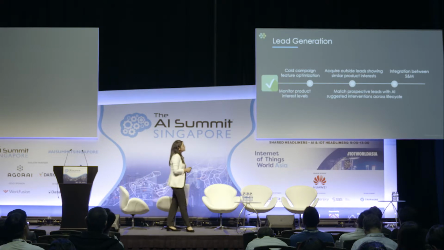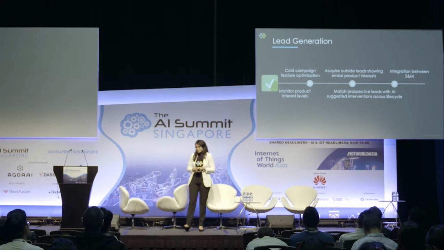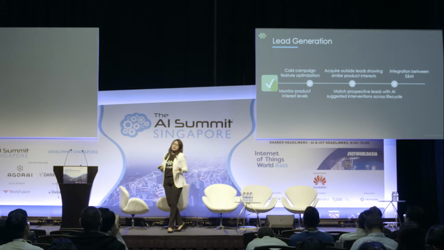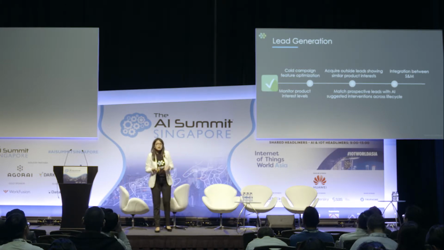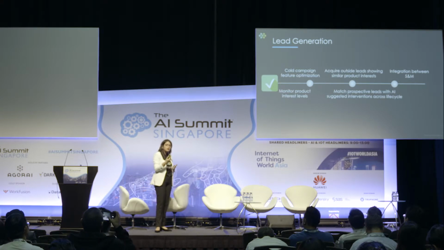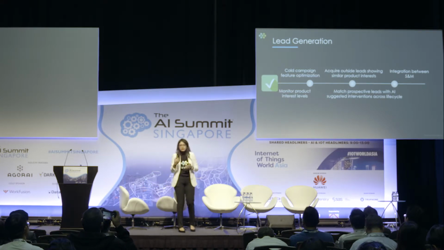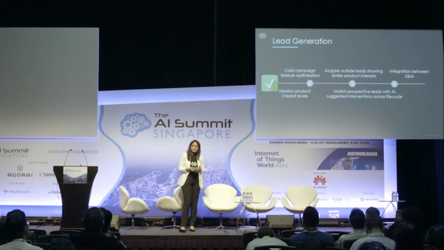So starting with lead generation, here, initially, of course, there is not too much of label data available because these are new leads. So the initial impetus is to be able to identify whom to qualify as leads and then what kind of data and information to share with them so that their chances of conversion are high.